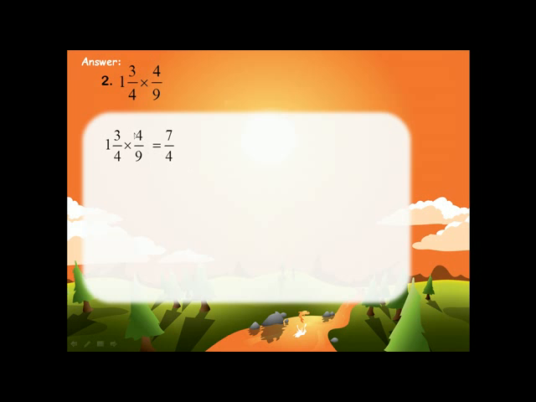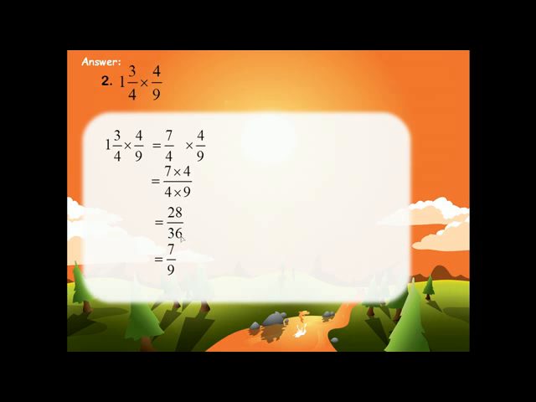Then 4/9 is already a simple fraction, so we multiply numerator times numerator and denominator times denominator: 7 times 4 equals 28, and 4 times 9 is 36. So 28/36.